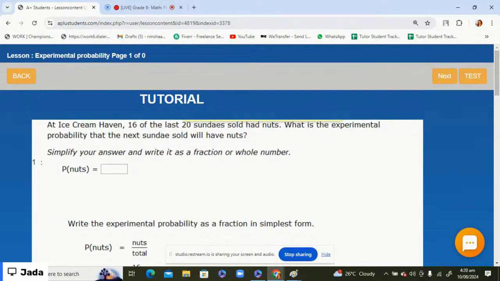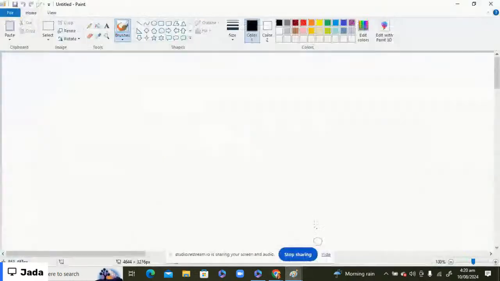For example, if you are finding the probability of something, consider the difference between experimental and theoretical. If they say to find the experimental probability, this can be found by repeating an experiment, and you observe the outcomes.